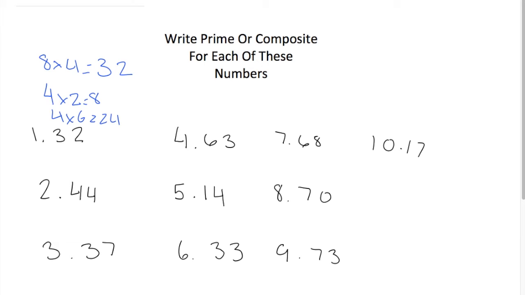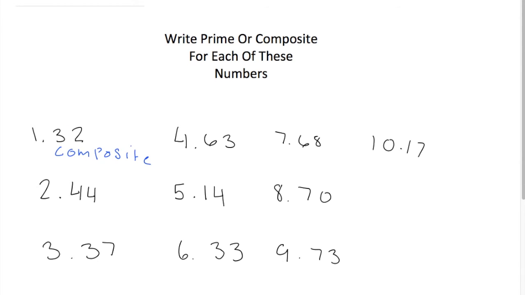So instead of us multiplying 32 times 1, we have 8 times 4, which equals 32. So number 1 would be a composite number. Composite. Now, if you do not know your math facts, you can use a multiplication chart for this, because I want you guys to try to do them yourselves as I go along.